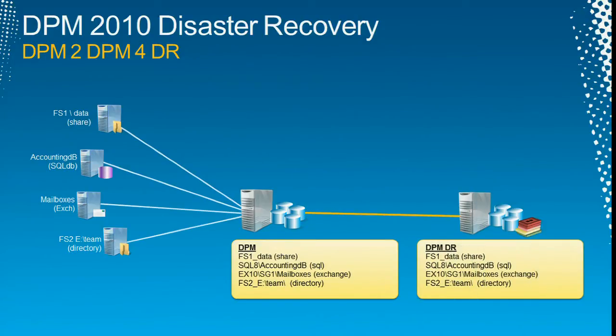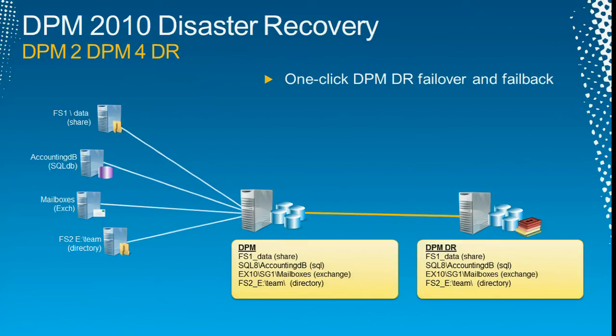Now what we can do is take that DPM server and protect it with a second DPM server. And this makes it very interesting. First, your production workloads will not be touched again. It's actually the second DPM server that will take everything from the first DPM server. And it will have one-click failover and failback.